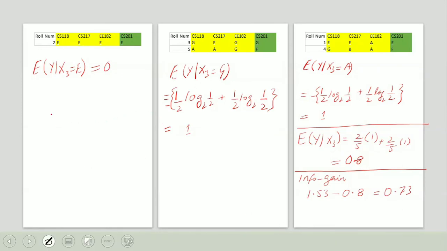So once we have this information gain for the third column as well, we'll compare these information gains with each other and see which one is the highest.